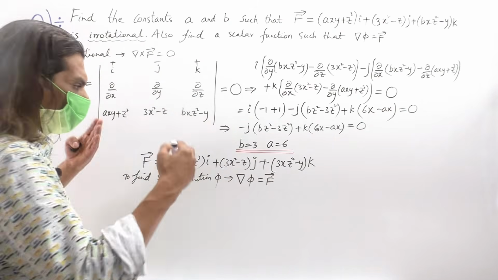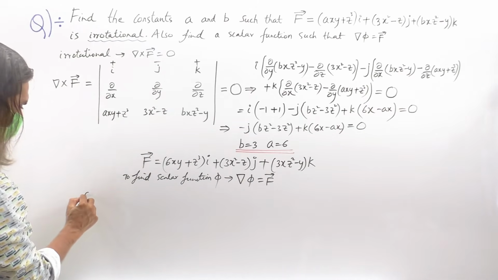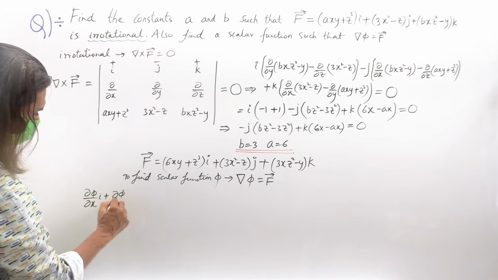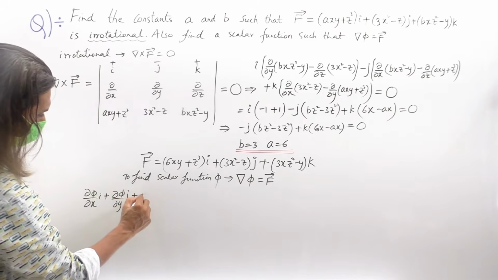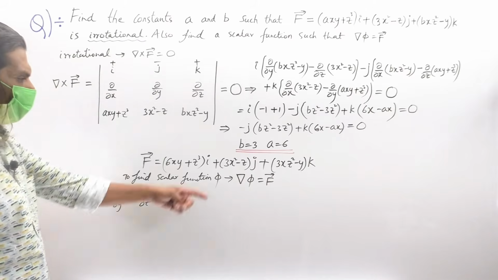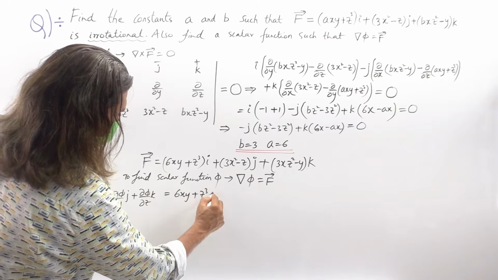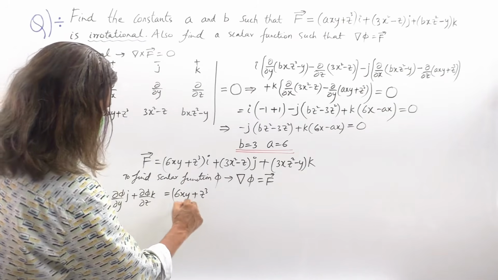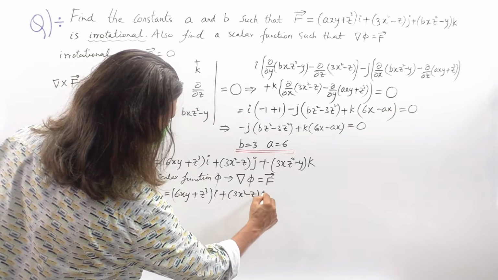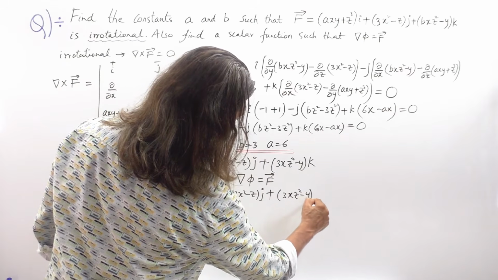As we know, del phi is ∂phi/∂x of i plus ∂phi/∂y of j plus ∂phi/∂z of k equals f vector. What is f vector? We have (6xy plus z³) into i plus (3x² minus z) into j plus (3xz² minus y) into k.